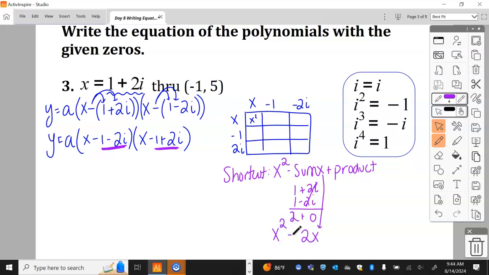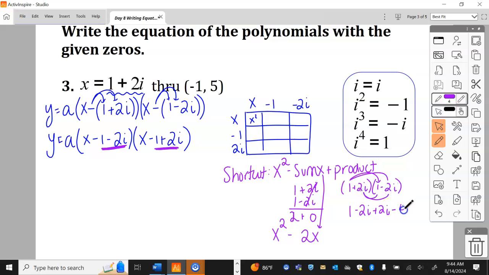Okay, now we need the product of our conjugates. So 1 plus 2i and 1 minus 2i. You can FOIL those. First terms, 1 times 1. Outside terms, inside terms, and your last terms. So 2 times -2 is -4. i times i is i squared.